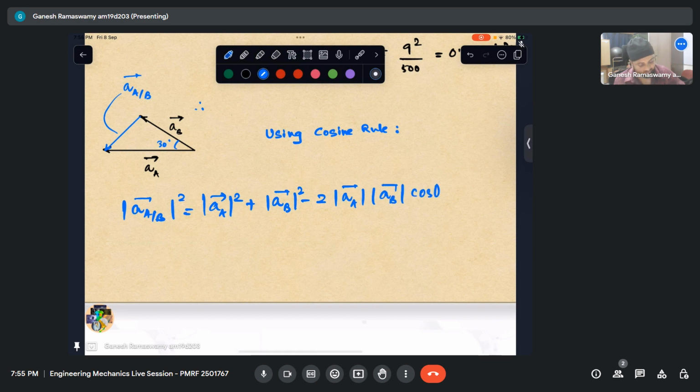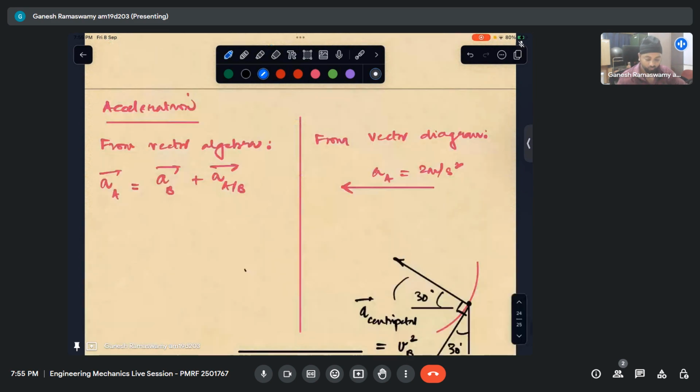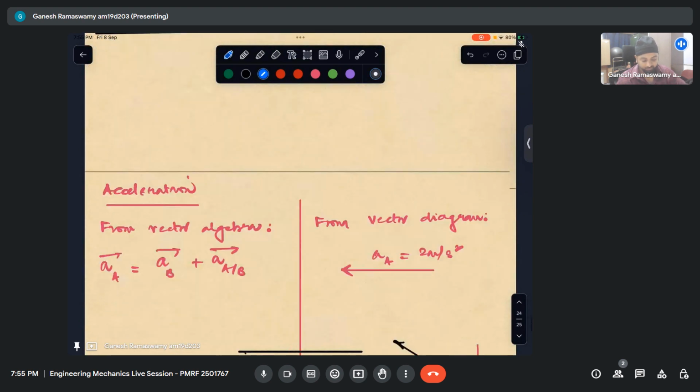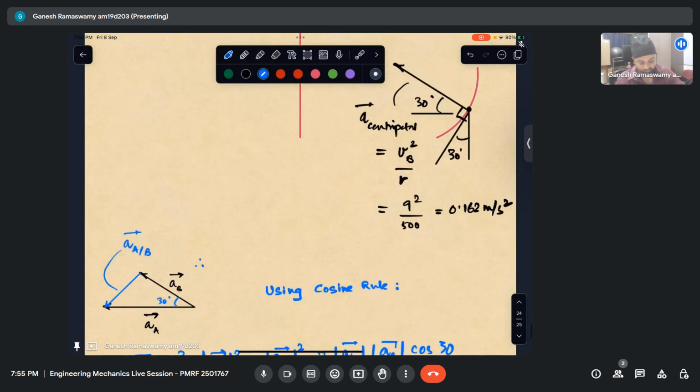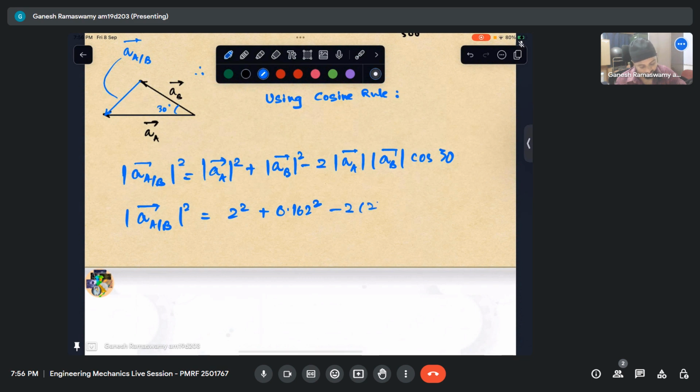So this acceleration of A with respect to B squared is nothing but acceleration of A, which is given to be 2 meters per second squared, and acceleration of B, which came out to be 0.162. So it is just a matter of substitution. So let us substitute that. It is 2 squared plus 0.162 squared minus 2 times 2 times 0.162 into cos 30.